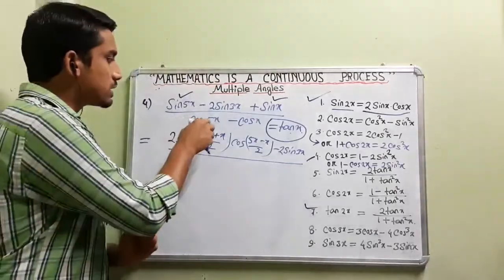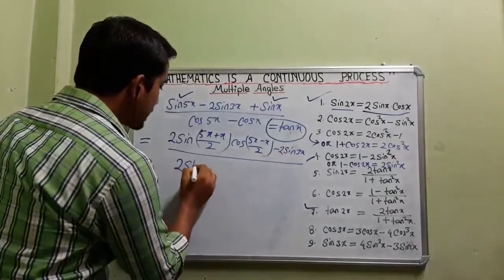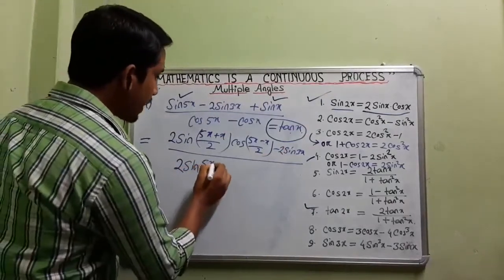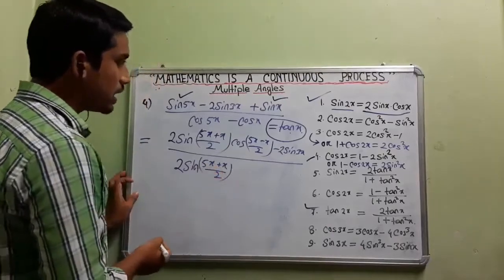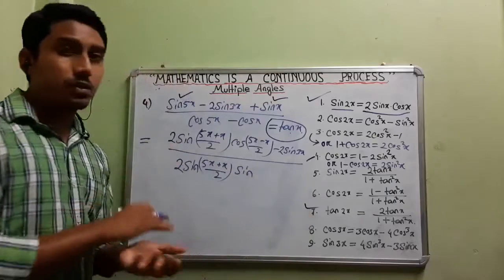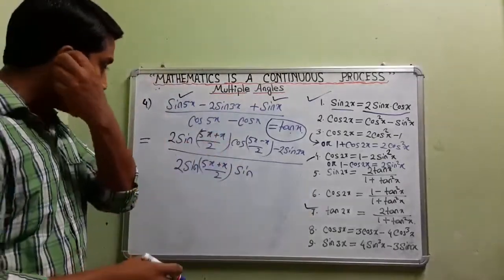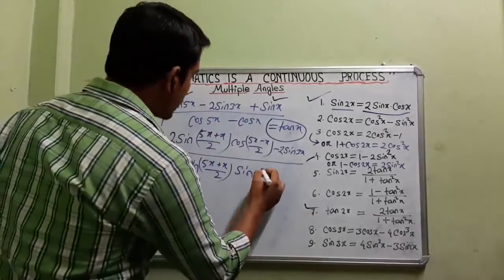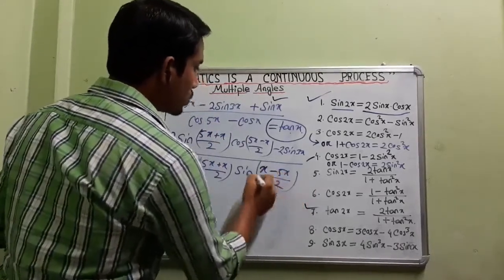The formula is 2 sin of (c plus d) by 2, that means again (5x plus x) by 2, and sin of (d minus c) by 2, in the reverse order. So d minus c by 2 will be (x minus 5x) divided by 2.